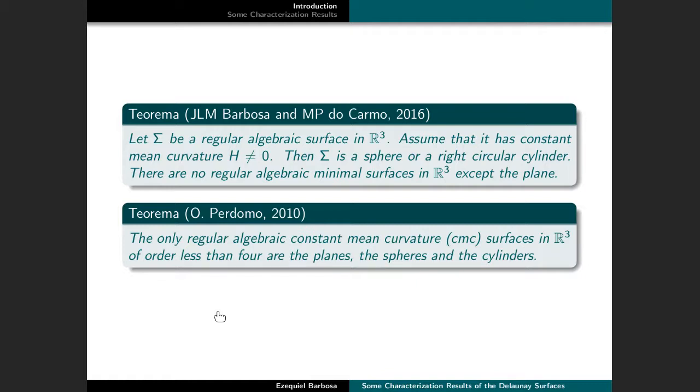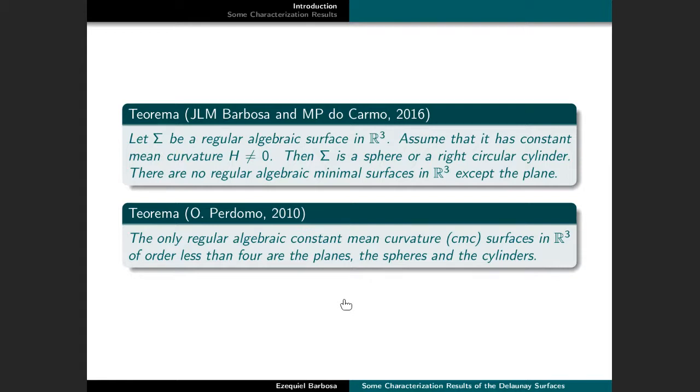So Perdomo proposed this problem to study the level sets of polynomial functions, and he was able to prove this result for polynomial functions of degree 4, and Barbosa and do Carmo proved this result for a more general situation.